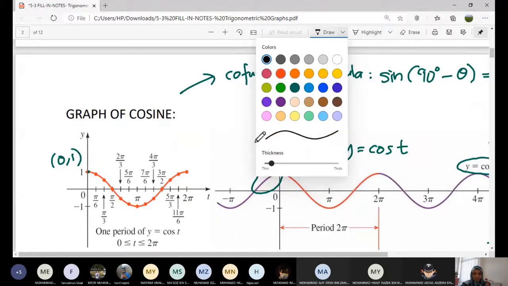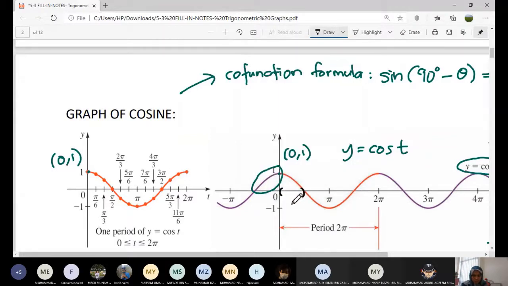So this is the first subinterval, and this is the second subinterval. Here we have 4 subintervals. Third subinterval, and this is the fourth subinterval.